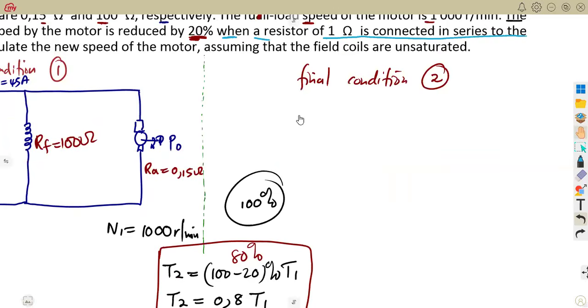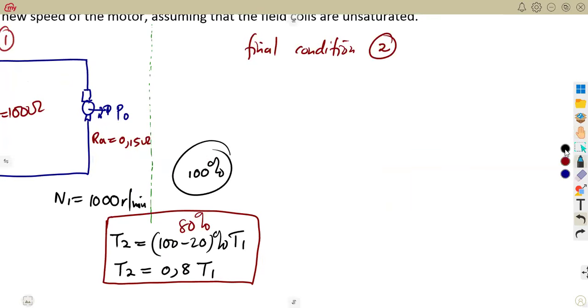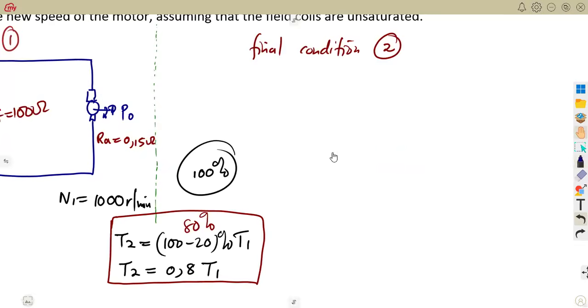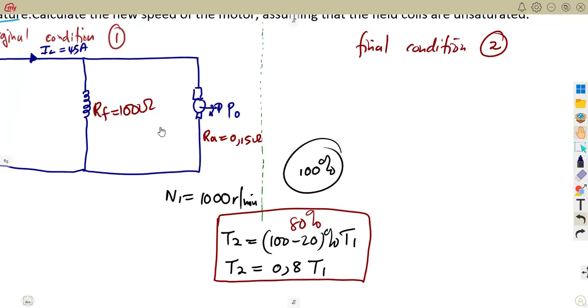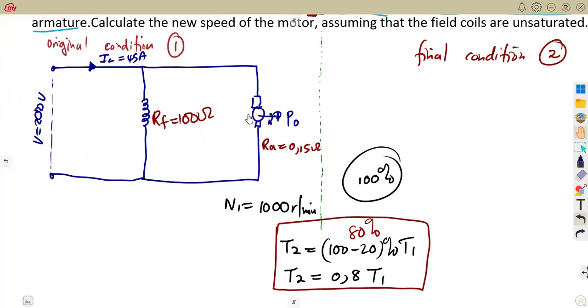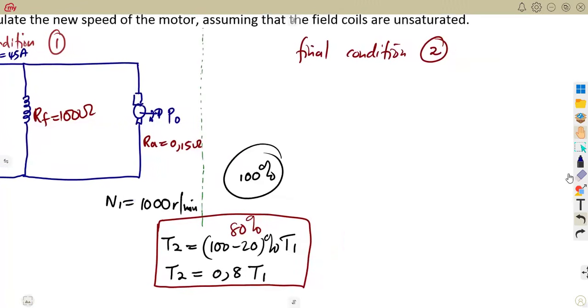This is what caused all this. The resistor was connected in series to the armature. As we have the original, but part of the armature here, we're going to talk about this is 1, this is 2. There's a resistor there that is now an additional resistor.